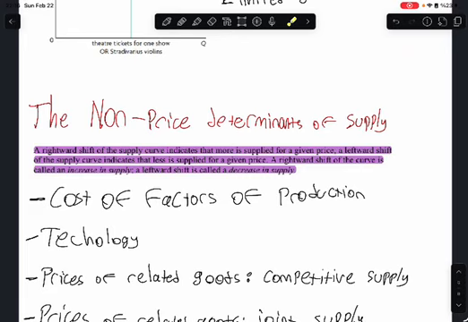Alright, a shift of the supply curve indicates that more is supplied for a given price. A leftward shift of the supply curve indicates that less is supplied for a given price. A rightward shift of the curve is called an increase in supply. A leftward shift is called a decrease in supply.